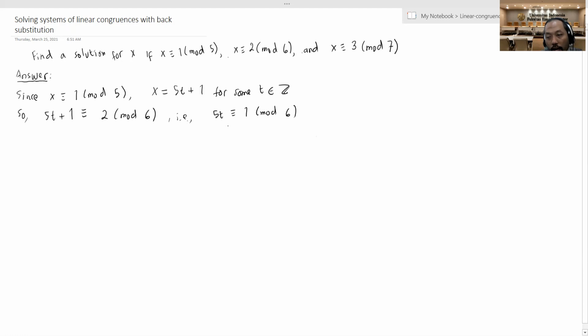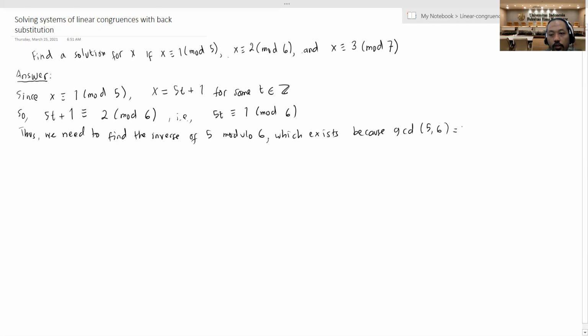We solve this by finding the inverse of 5 modulo 6. Of course, this inverse exists because the GCD of 5 and 6 is actually 1.